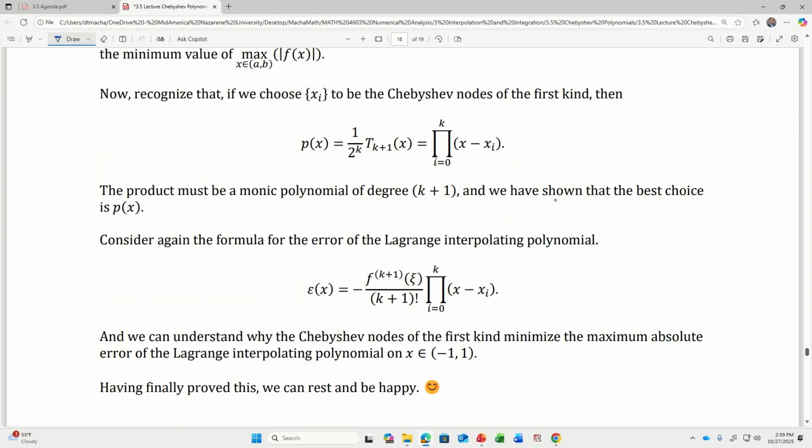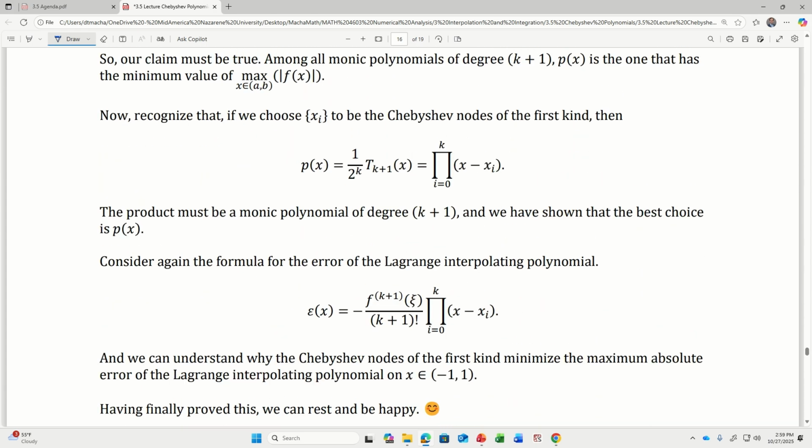If my original claim is true, and we notice that this lowercase p polynomial that I defined is actually the same thing as this big product here, then choosing the Chebyshev nodes of the first kind as the node spacing is going to make this monic polynomial equal to the monic polynomial that has the smallest maximum absolute error on the interval.